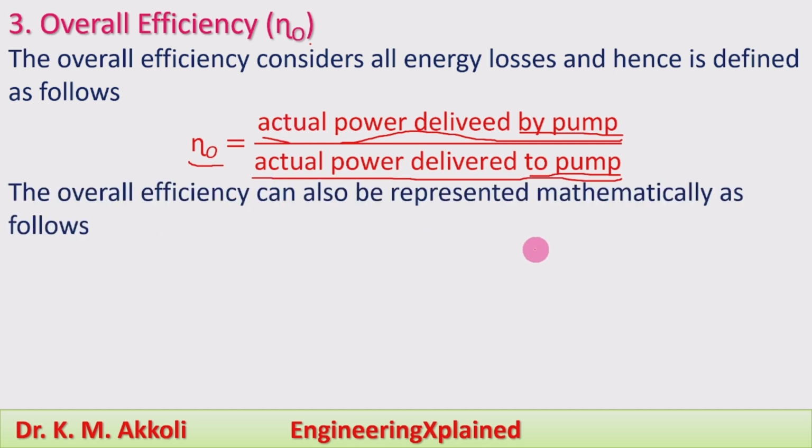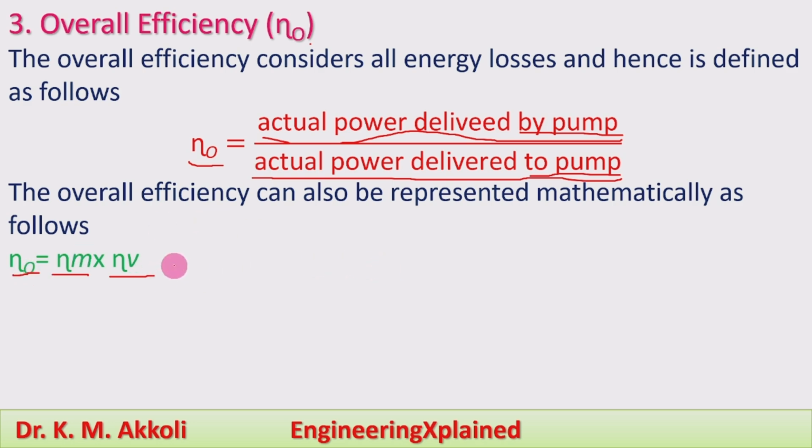Then the overall efficiency can also be represented mathematically as follows. Eta naught can be determined if we know the mechanical and volumetric efficiency. The multiplication of the mechanical and volumetric efficiency will give the overall efficiency.